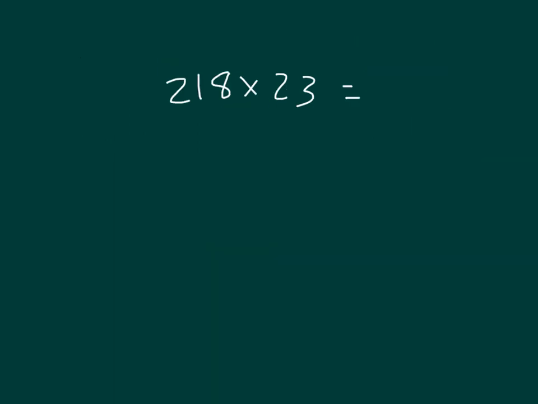Here's my standard algorithm approach of 218 times 23. First off, 3 times 8 ones is 24 ones, so I'll place the 4 and regroup the 2. 3 times 1 is 3, plus 2 is 5. 3 times 2 is 6. That's 3 times 200 is 600s, and that's why I can place that there.